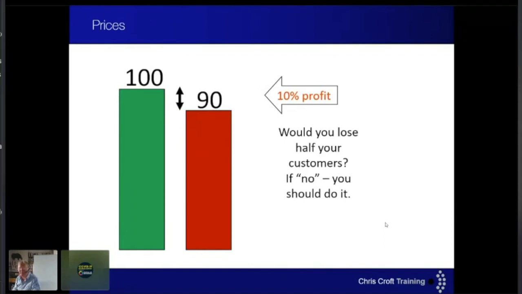And if he charges somebody £600, quotes them £600, if you quoted them 660, is that really going to make a difference? There's not going to be many customers who say, I would have paid 600, but I'm not paying 660. So I don't think you're going to lose many customers at all when you put your price up by 10%. And you're doubling your profit margin if you do that.